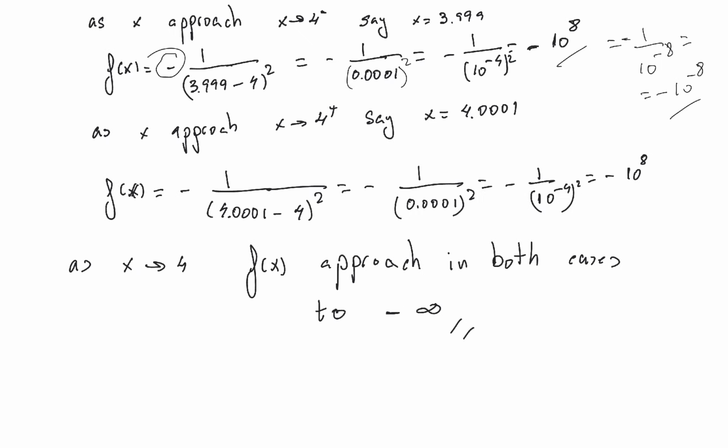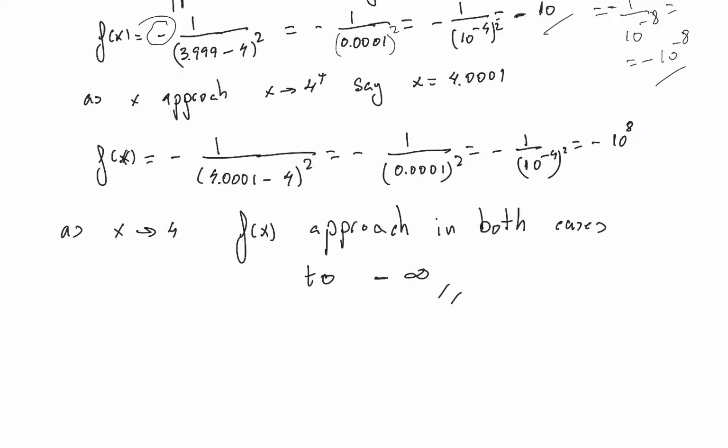Let's do it. f of x will approach minus 1 divided by 4.0001 minus 4 squared. So it will be minus 1 divided by 0.0001 squared, or minus 1 divided by 10 to the minus 4 squared, or minus 10 to the 8. So as x approaches 4, in both cases they approach minus infinity.